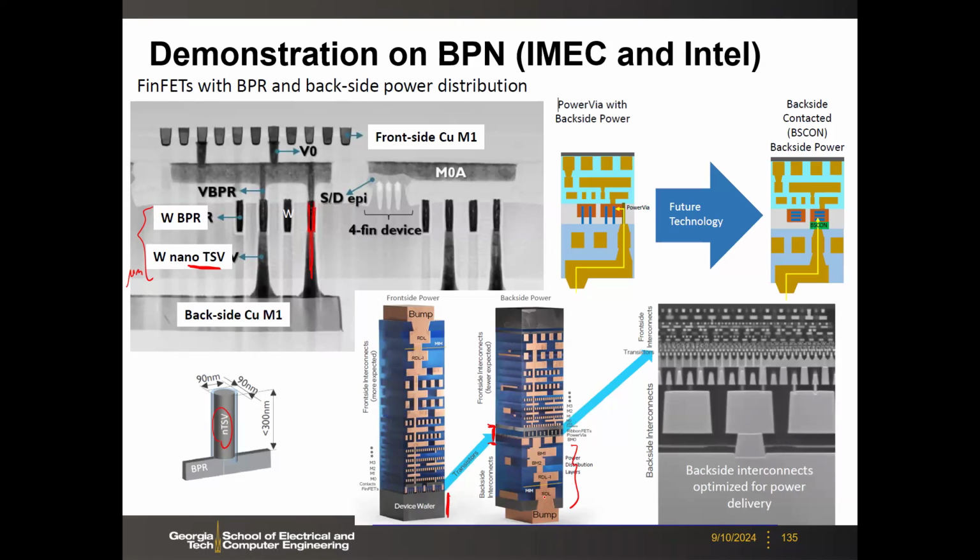Usually power wires are large in dimensions because you have to drive a lot of currents, right? That's why in the traditional design, it's on the very top metal with very wide wire width. Now you move to the back side, then this is also wide. So that's why you see in this real image, this is a silicon front end, very thin silicon, and you have whatever FinFET or stack nanosheet here.